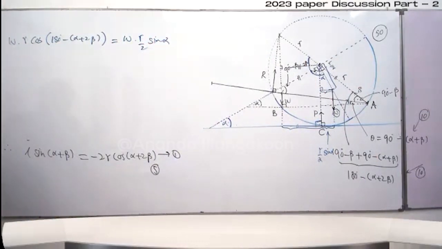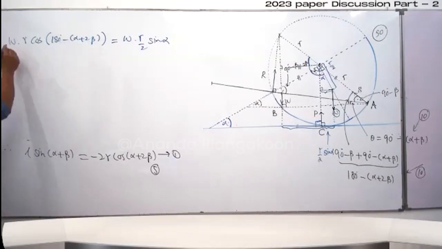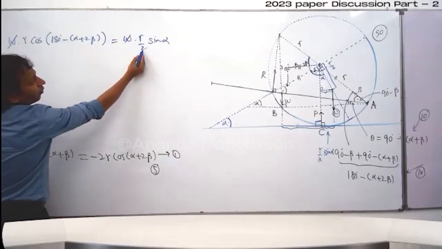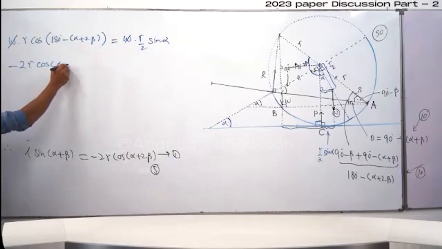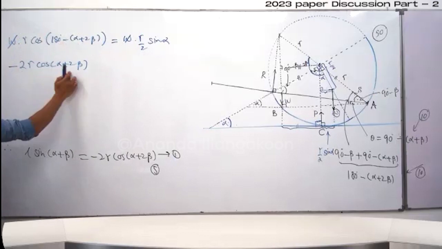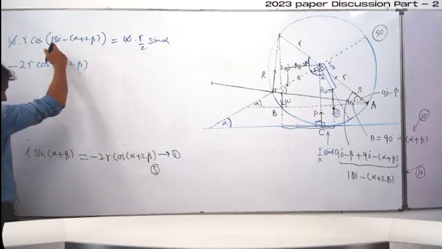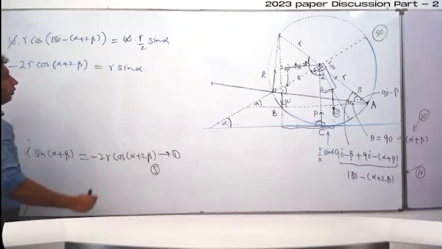Cos of 180 minus something means minus cos, no? Minus cos (L plus 2 beta). This W and this W can cancel down. We can bring this 2 to this side. Minus 2R cos (L plus 2 beta) correct, no? Cos of 180 minus something means minus cos of that angle. This is beta. And this R and this we multiply. Then the right hand side we have R sin L. Right. This is number 2.